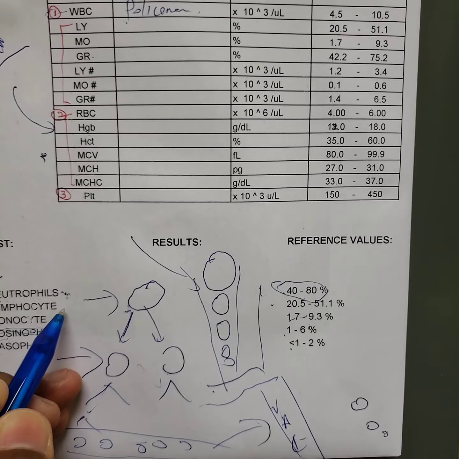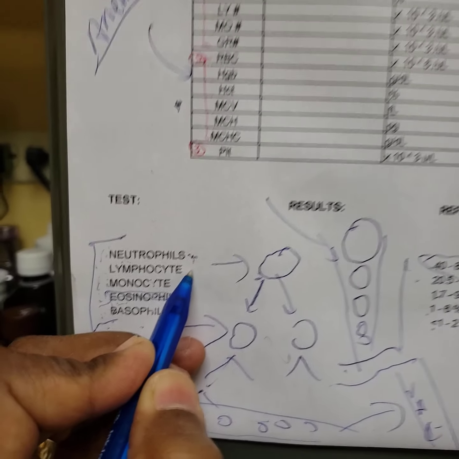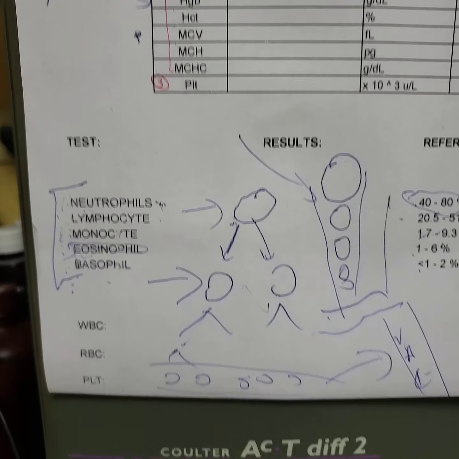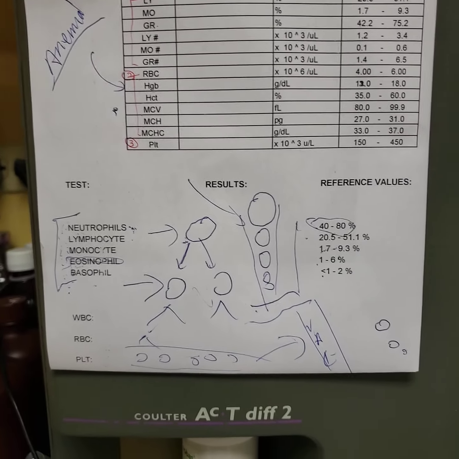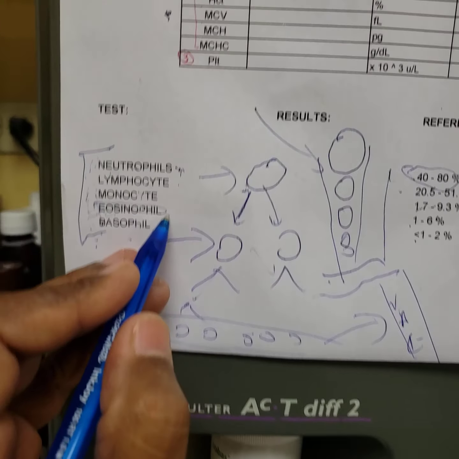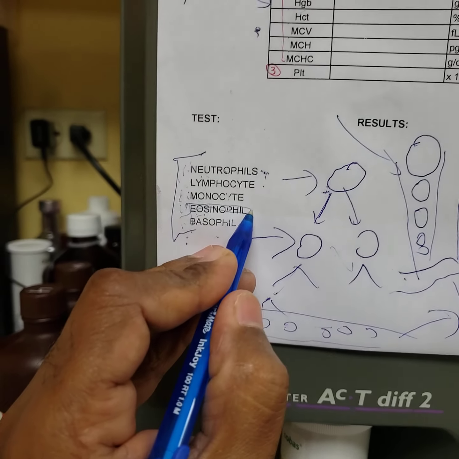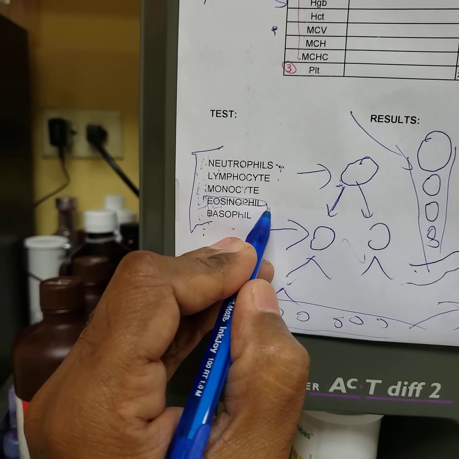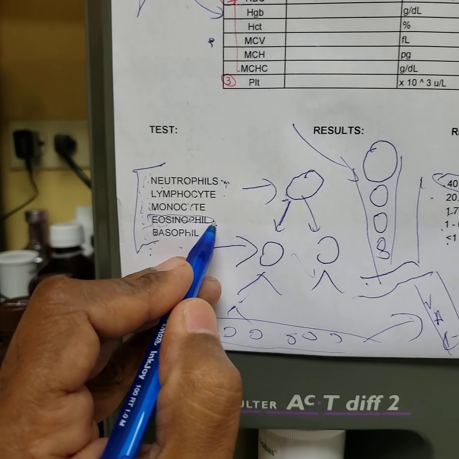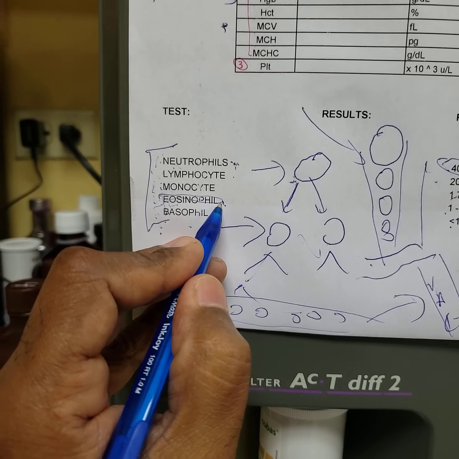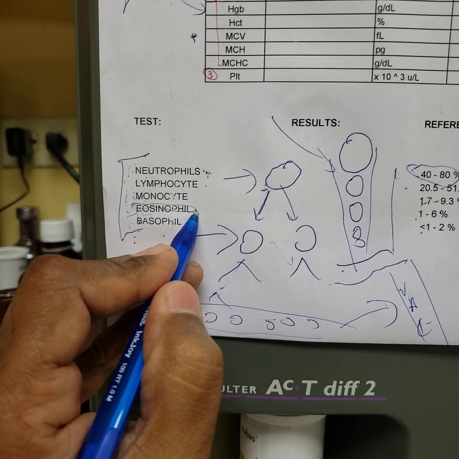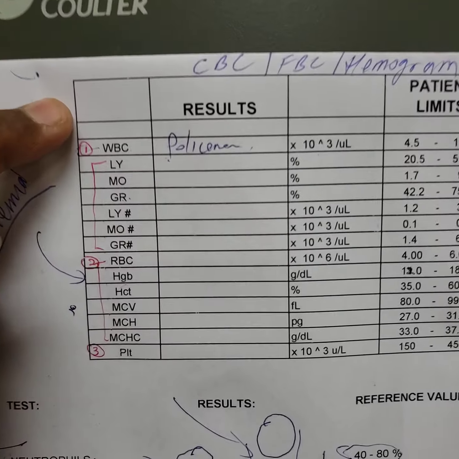Somebody with a viral illness may have an increase in lymphocytes, because the lymphocytes aid in antibody production. Somebody with a parasitic infection or allergy may have an increase in eosinophil counts. Now, that's the white cells.